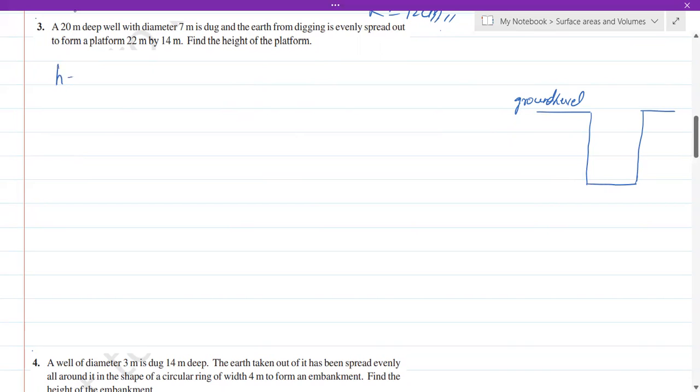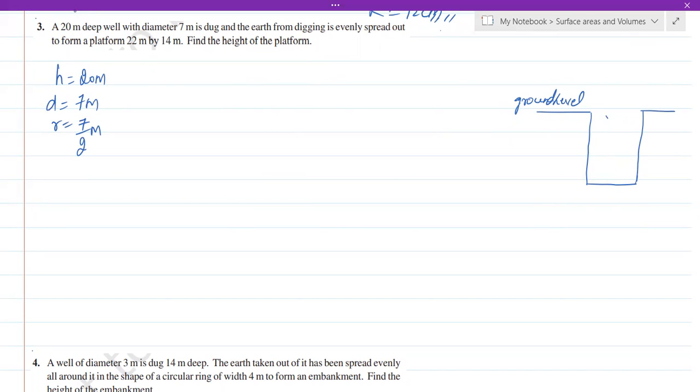The height of the well is 20 meter, and the diameter is 7 meter, which implies the radius is 7 by 2 meter. Now, by digging this, you get some mud, right? That mud is used in making a platform.